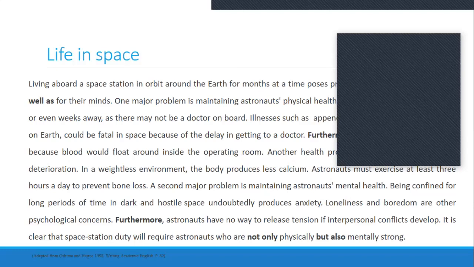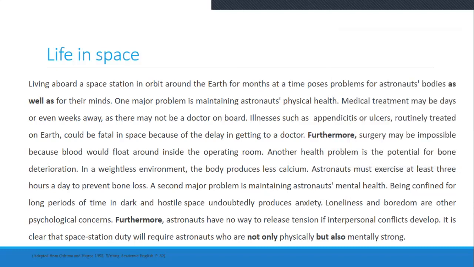Yes, Philip, you are correct. First of all, it's going to talk about how it's going to affect the body and then how it's going to affect the mind, right? So one major problem is maintaining astronauts' physical health. So it's related to this particular point, right? Medical treatment is days or even weeks away as there may not be a doctor on board.